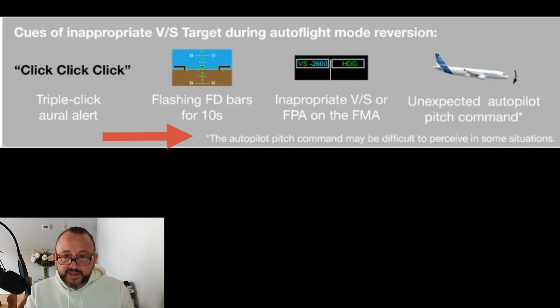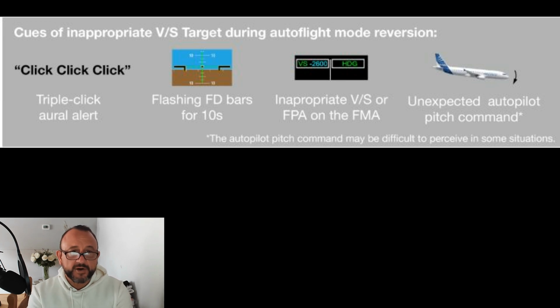So of the three, in terms of SA and how the aircraft responds, that's really one to look out for. And there's a little box here, another little figure 9, which gives you the cues that the pilots can use to help them identify what's happening. There are cues of inappropriate vertical speed target during autoflight mode reversion.